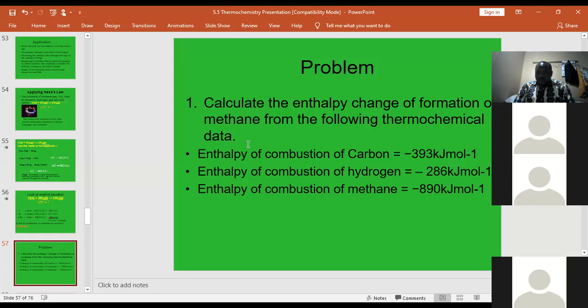Negative 211 kilojoules per mole. I have not heard you well. Patience, what have you got? Negative 75. Actually, that is the correct answer.